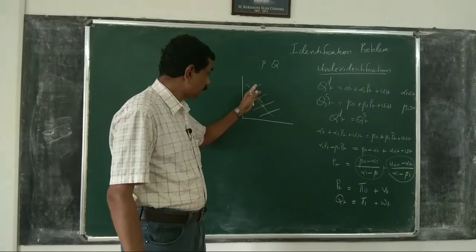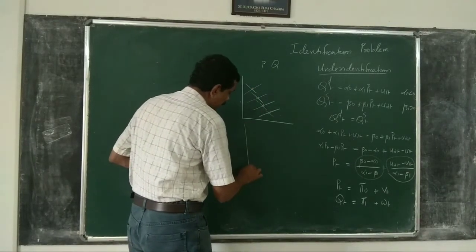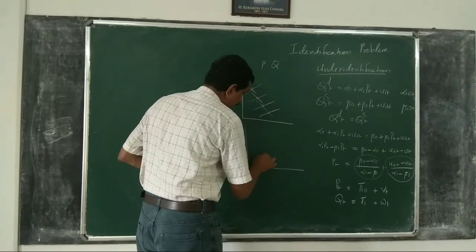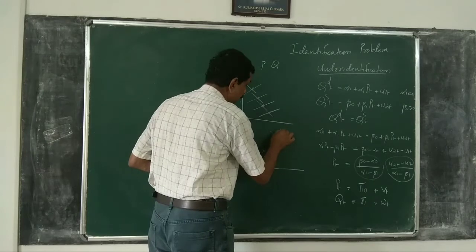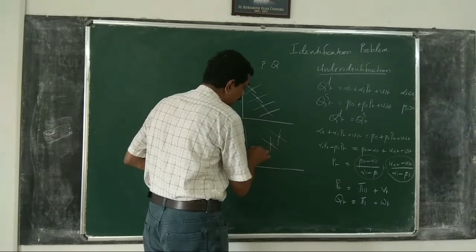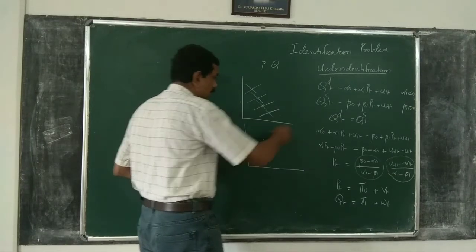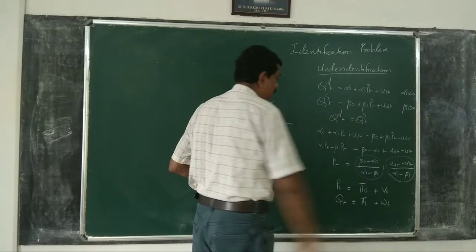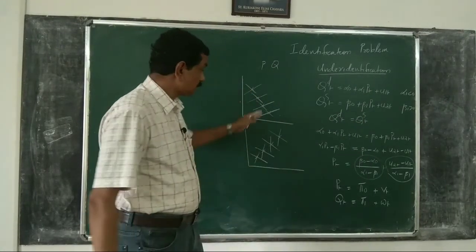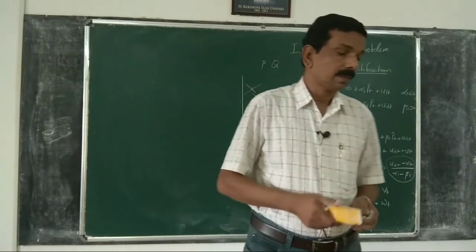So neither the demand curve nor the supply curve is identified. Similarly, if the points are like this, again these points will be generated by shifting demand and supply curves like this. So by looking at the sign of the coefficient of P_t, we cannot say that we are estimating a demand curve or a supply curve.